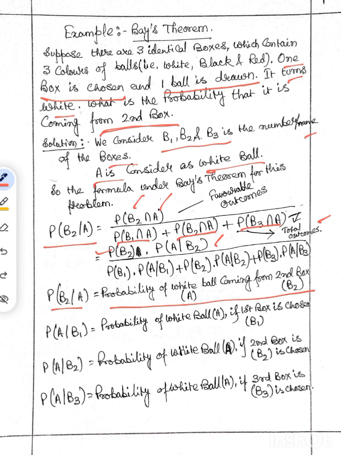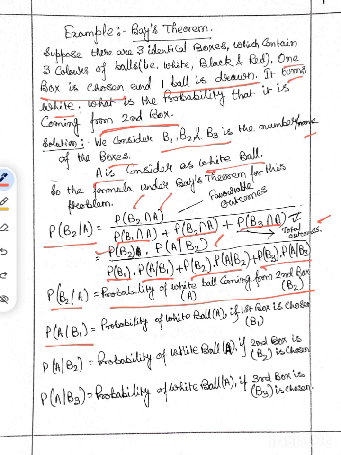And what should be our denominator? First we have to take the probability of the box, and next we have to find the probability of the white ball. So first, the probability of white ball coming from the first box if the first box is chosen, that means P(A|B1). Similarly, the white ball may come from other cases, P(B2) into P(A|B2), that means it comes from the second box, or it may come from the third box.